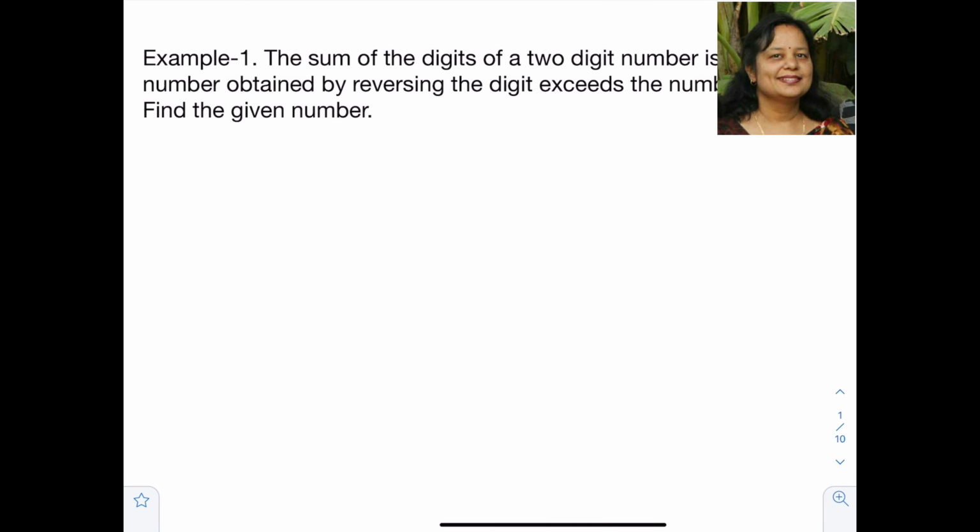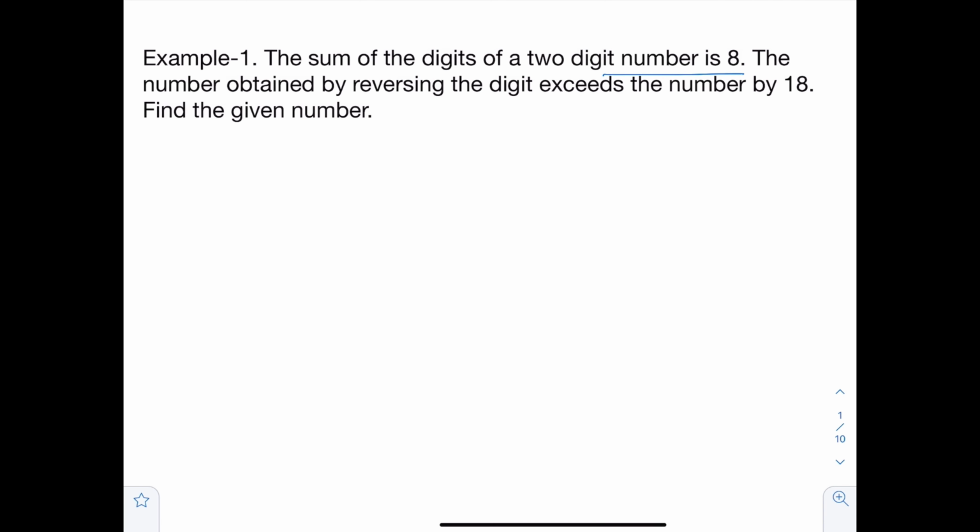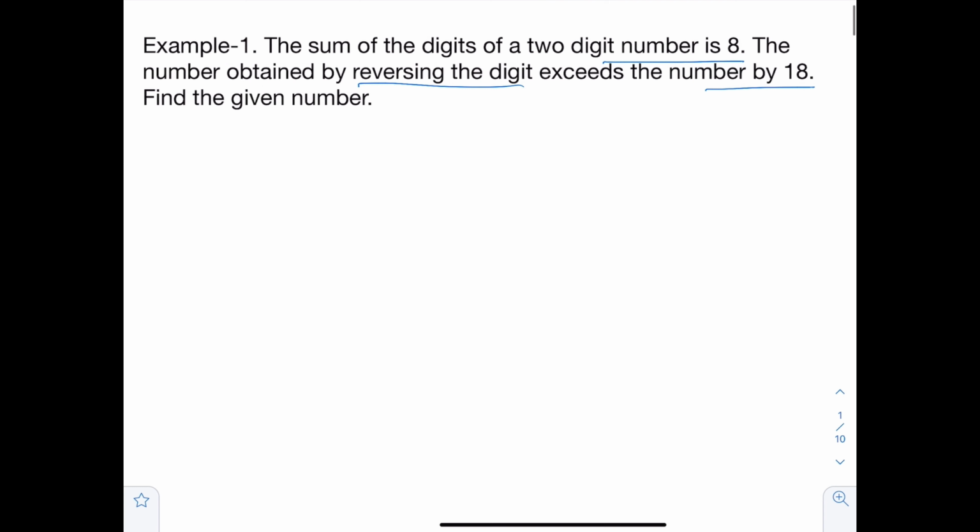The sum of the digits of a two-digit number is 8. The number obtained by reversing the digits exceeds the number by 18. Find the given number.